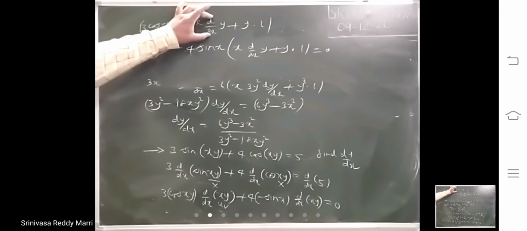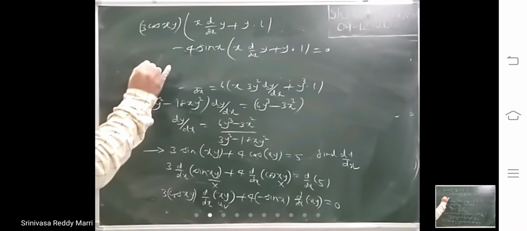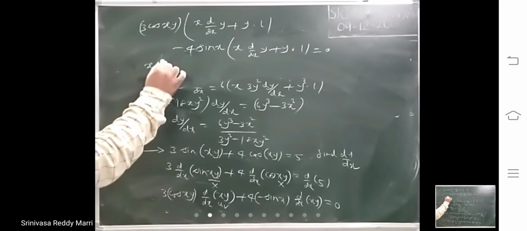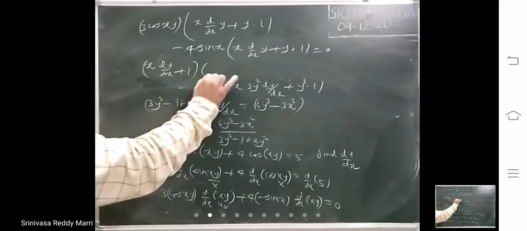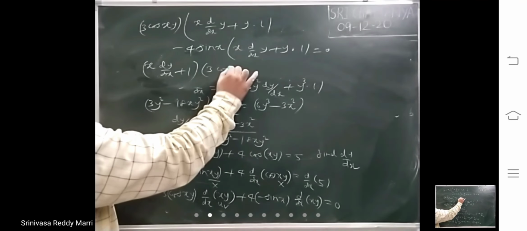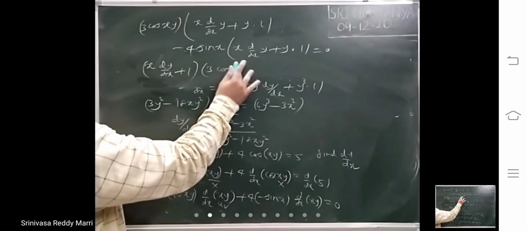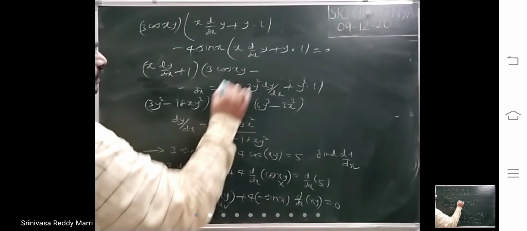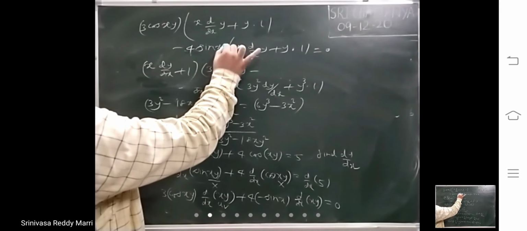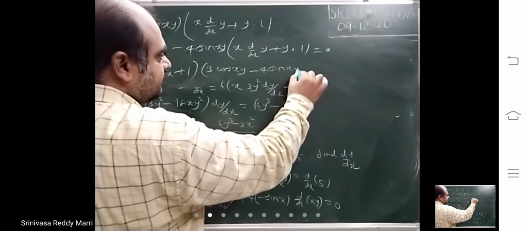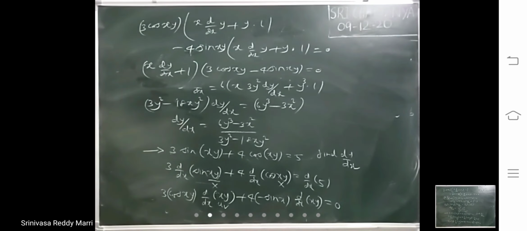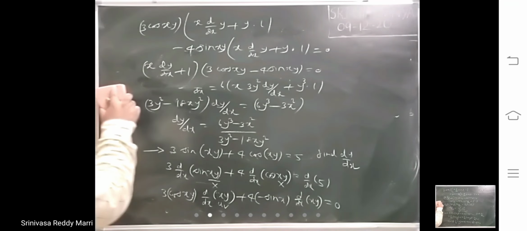So in this and this, x into dy by dx plus y is common. 3 cos xy minus 4 sin xy equal to 0.